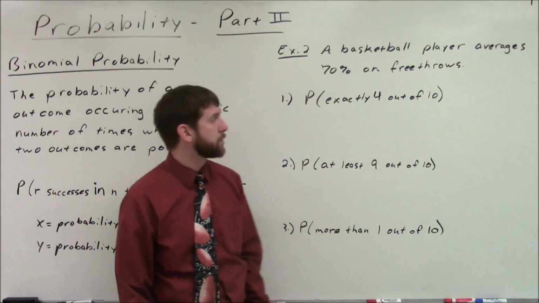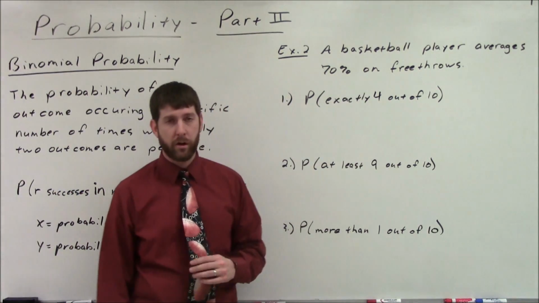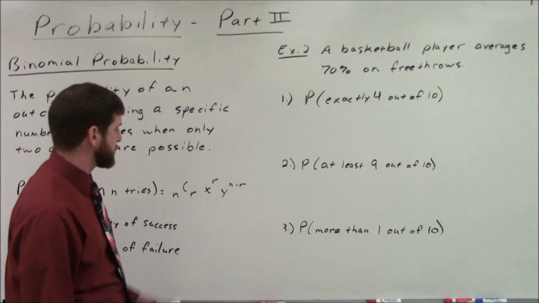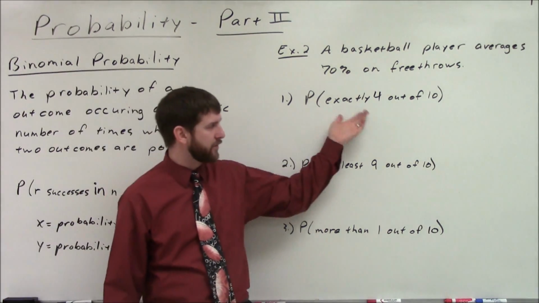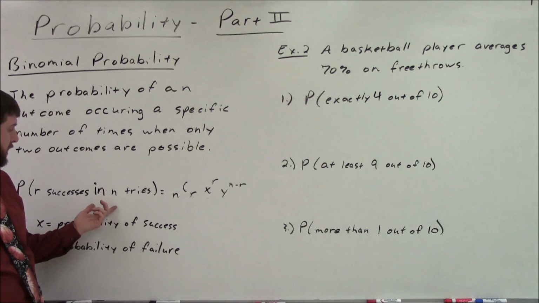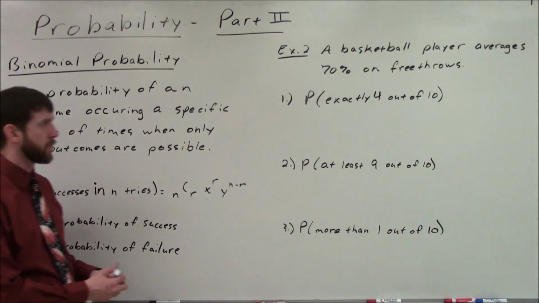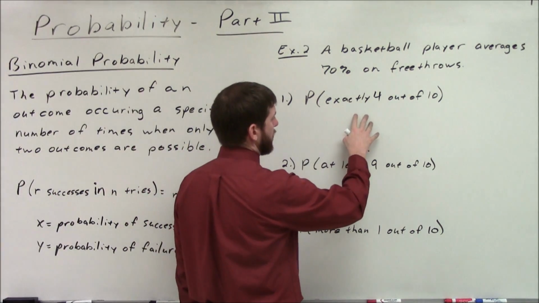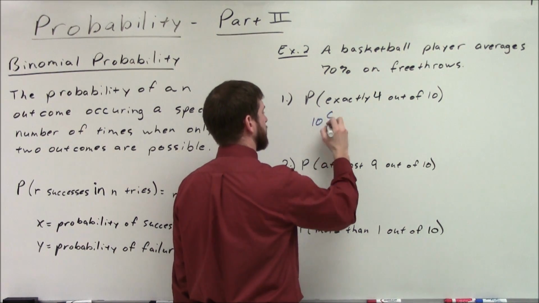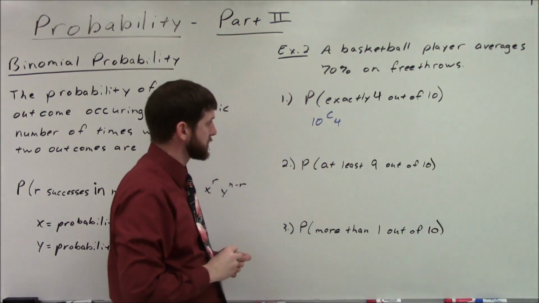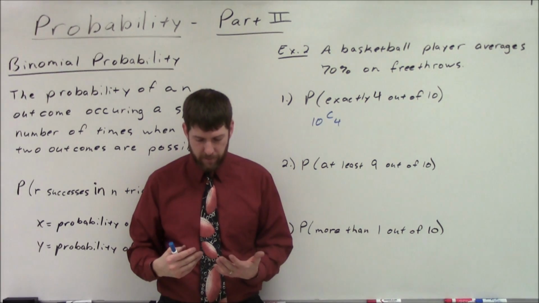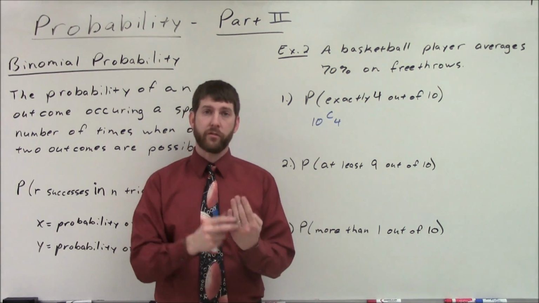So let's say we have a basketball player and he averages 70% on free throws. When we set up our formula, we want exactly 4 out of 10. That's what my formula calculates, an exact number of successes. So exactly 4 out of 10 says we have 10 trials and we want 4 successes. Now the 10C4 asks, did he make his first 4?